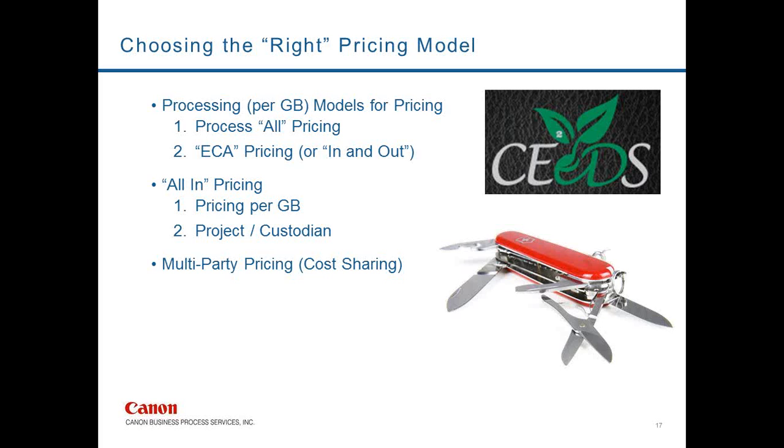Because one of the things that you will find over the course of a case is that hosting data in online status for which you have virtually no use is very expensive. The cost is going to be somewhere between $15 and $20 a gig per month, and about 90% of the data you collect is not going to be interesting enough to produce to the other side or be used in the case.